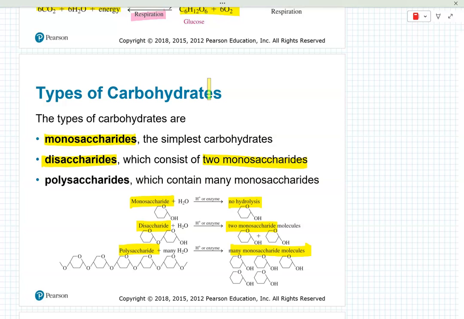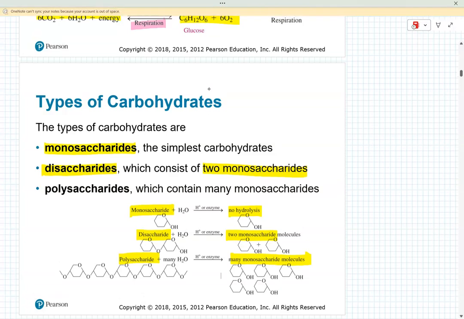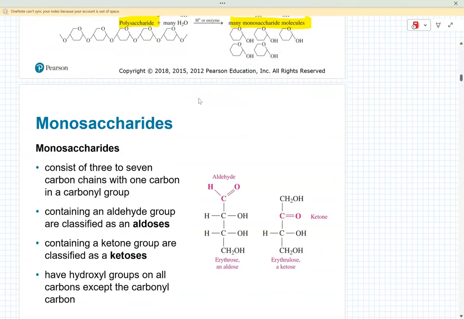And polysaccharide example would be starch. Acid and enzymes break down starch eventually into individual glucose building blocks. Does that make sense? Okay. Now you can ask, what about three? They're rare. They're not commonly occurring in nature, so we usually don't use the term trisaccharides.